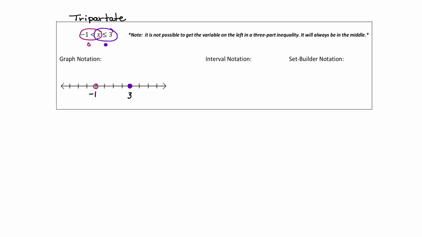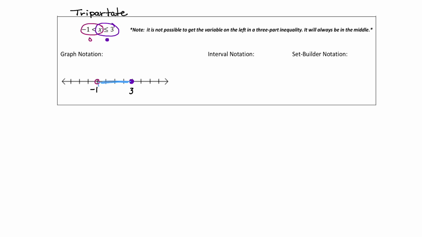Now, because x is in between these two, your graph is going to go in between those two. Okay, that works really easily. So the left part is your left dot, the right part is the right dot, your variable is in the middle, which represents all of that in the middle. Okay, so there's your graph notation.